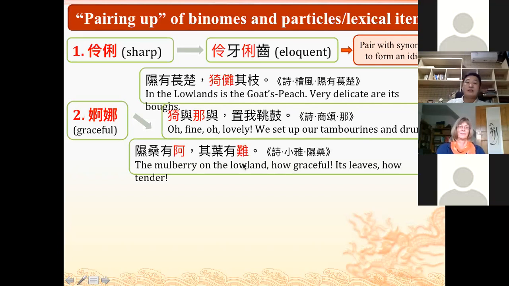Or we can even separate this binome into different lines. For example, 其上有阿，其也有挪. The mulberry on the lowland, how graceful, its leaves how tender. You can see that the two components of the binome were placed at the endings of two lines. This is very rarely seen, but still we can find it in some cases.